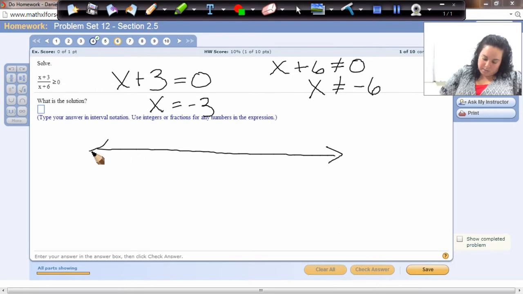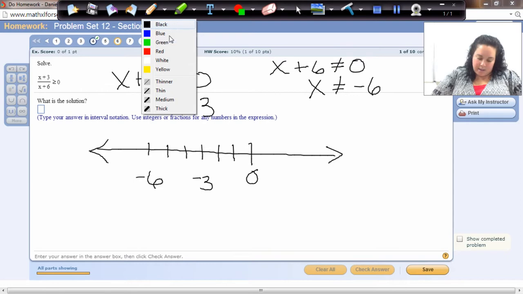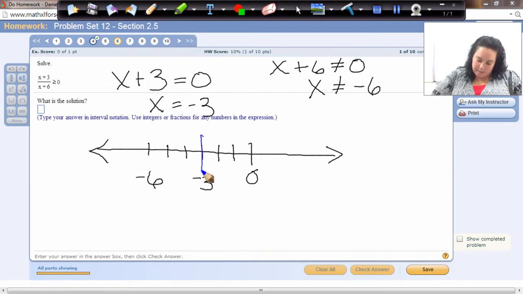So when we go to our number line, we'll graph 0, 1, 2, negative 3, 4, 5, negative 6. And we'll use these points to split up our graph into regions. We have this as one of our boundaries, and this is one of our boundaries as well. And so we have 3 pieces.